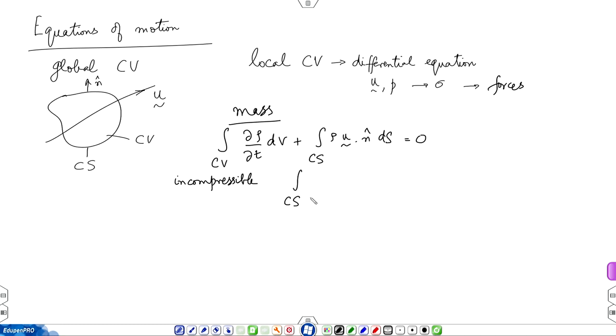Reduces the governing equation to the integral of u dot n ds over the surface area of the control volume equal to 0. So, these integrals are evaluated as estimated, approximated.